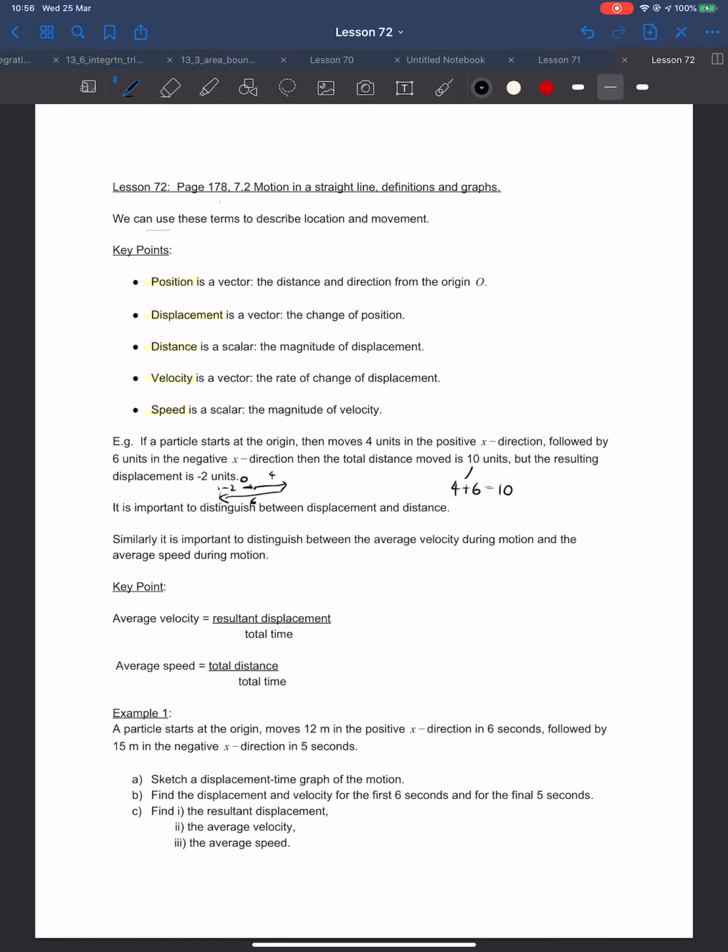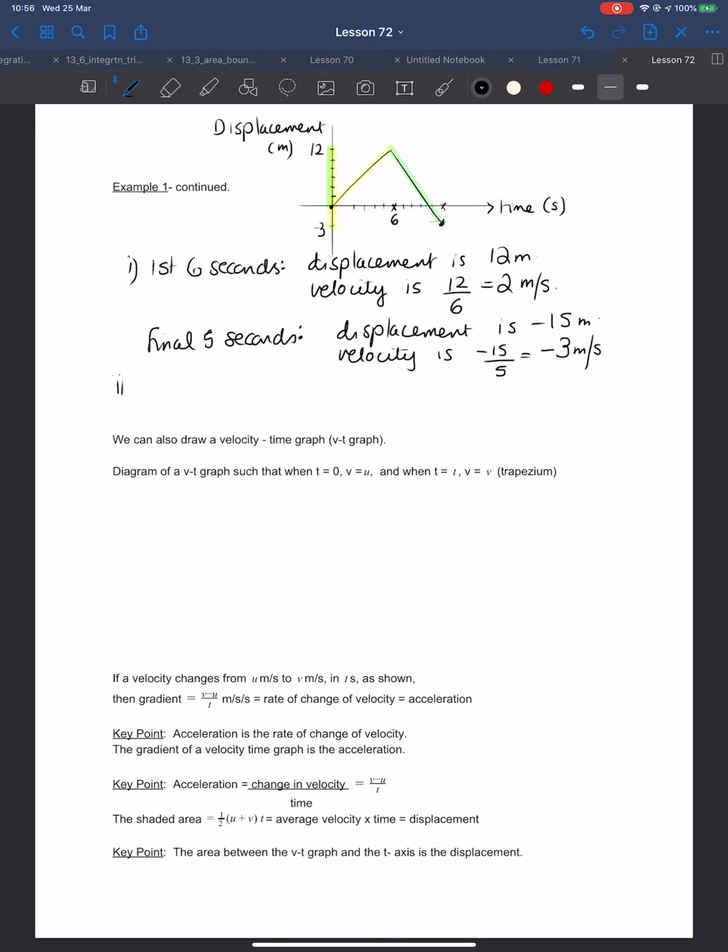Okay. When we do the resulting displacement in part 2, it is 12 minus 15, which is -3 metres, because it does 12 for the first part and then takes away 15. The average velocity is -3 divided by 11 metres per second.